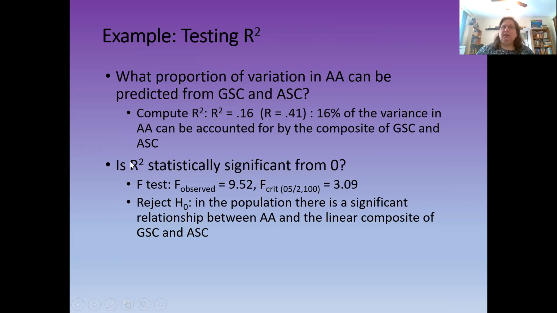So if we include both GSC and ASC as independent variables in our model, our R-squared will be 0.16. We're accounting for 16%. Is that significant? We look at our F.